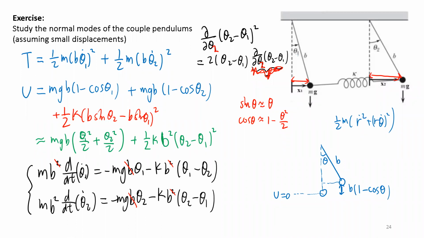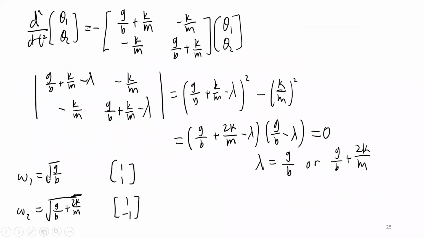In that case, the spring is basically useless. The spring will never be stretched or compressed, and the whole behavior just looks like two individual pendulums oscillating. Therefore, the frequency is just that of a simple pendulum, square root of g divided by b.